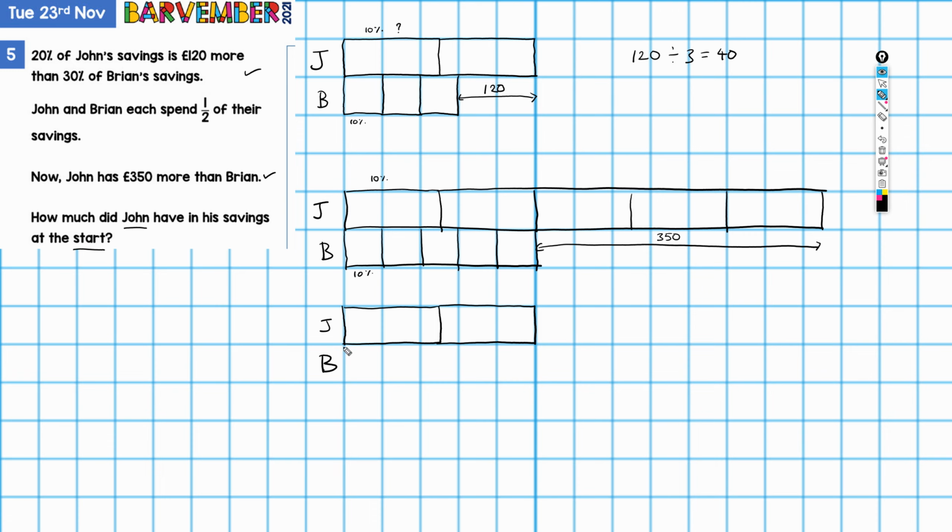So what I could do is draw, this is one of Brian's 10%, and then I'm going to draw in a portion that represents 40. Okay, and then there's going to be another 10% block, and then another bit that represents 40.